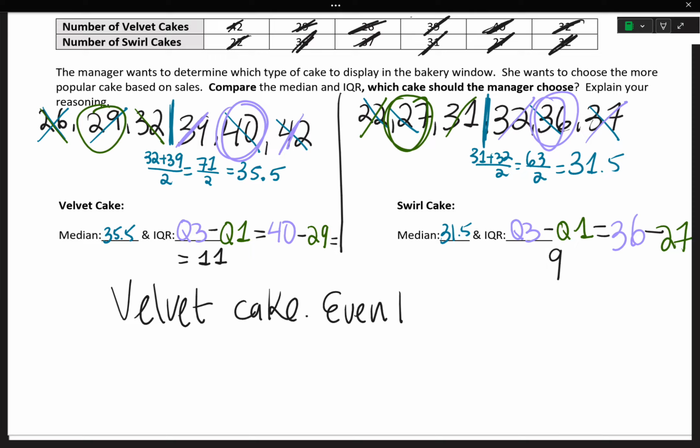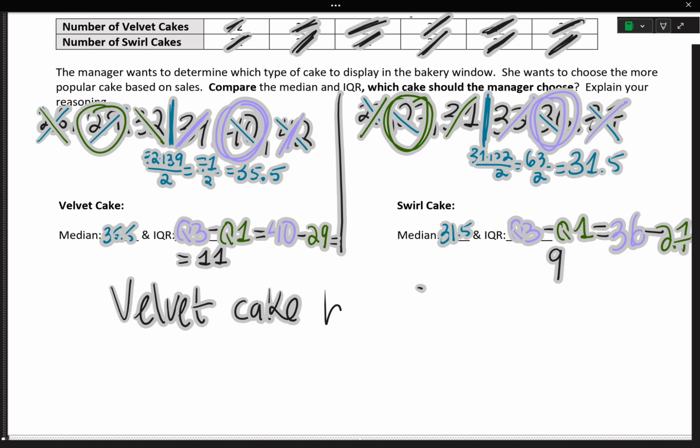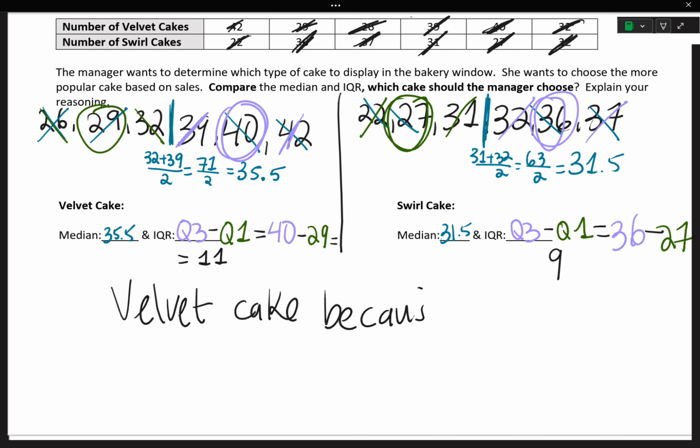Even though, you know what, I'm going to say velvet cake because of the higher median.